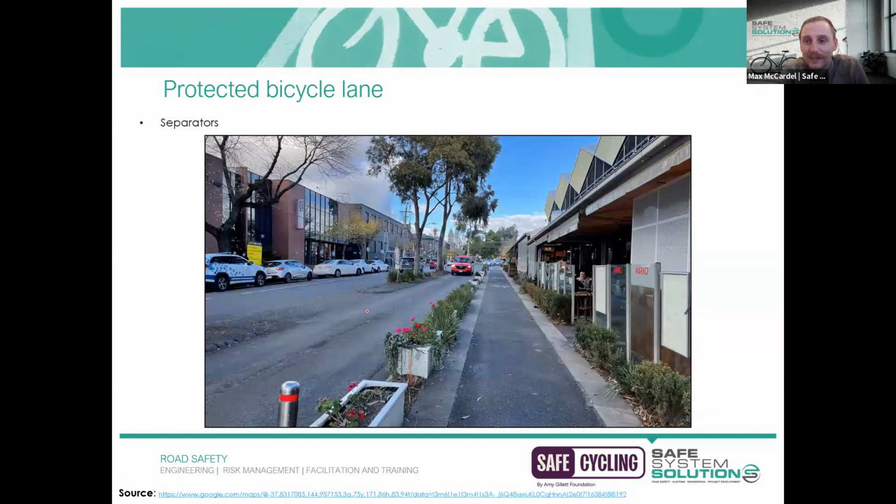But the issue is that it may look very pretty on day one, but as time progresses, you may have issues with plants getting significantly large or dying off and shedding all their leaves, and all of that debris ending up in the bicycle lane, which will create issues. The other issue with planter boxes is, remember how we talked about that pedal strike risk? Anything above that 200 mil mark could be hit by a cyclist's pedal. That can include planter boxes, so you can have cyclists actually running into those things, which could be a bit annoying.